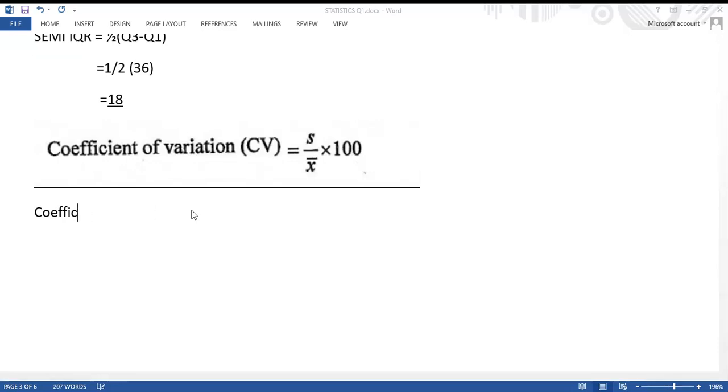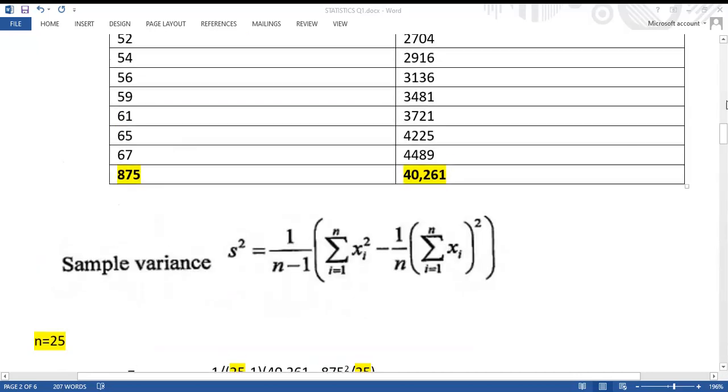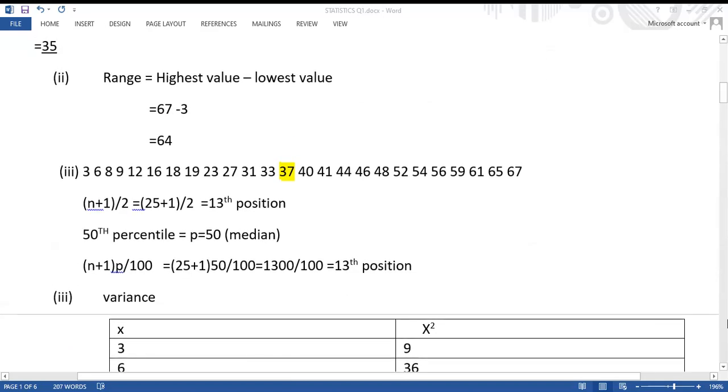Our standard deviation, I remember, was what, 20.04? Am I correct? Yes, 20.04. And our mean, what was our mean? 35.